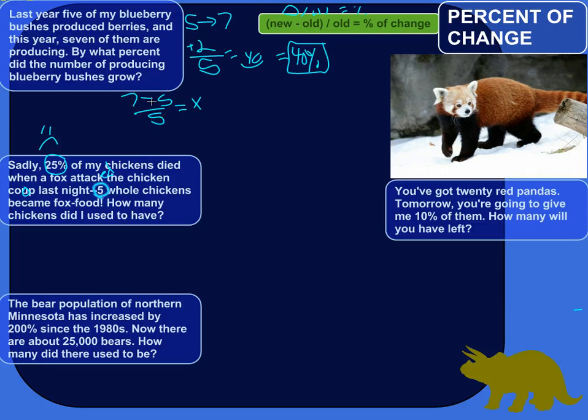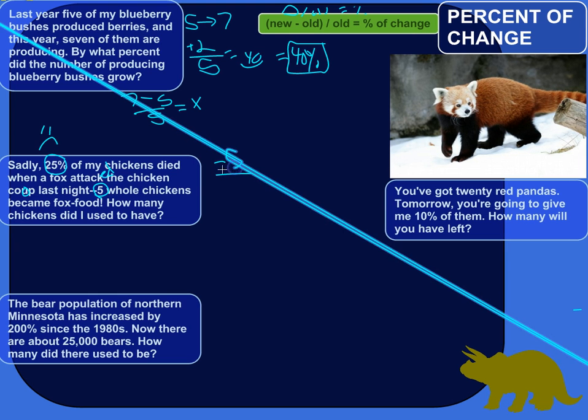So think about that. If the number of chickens went down by 5, and the top part of this is the amount of increase or decrease, I would just write that.